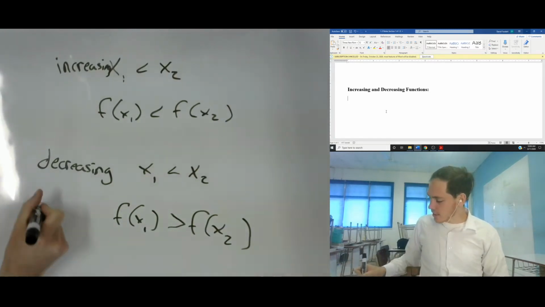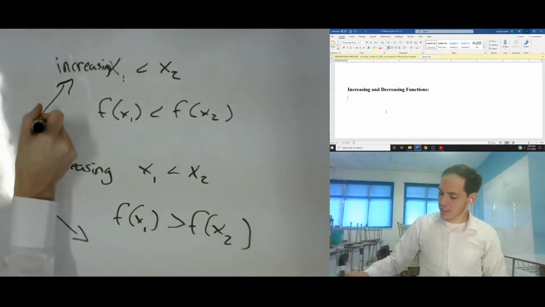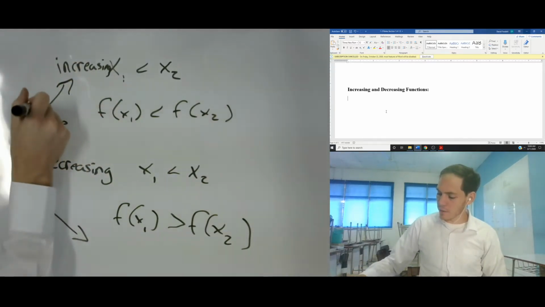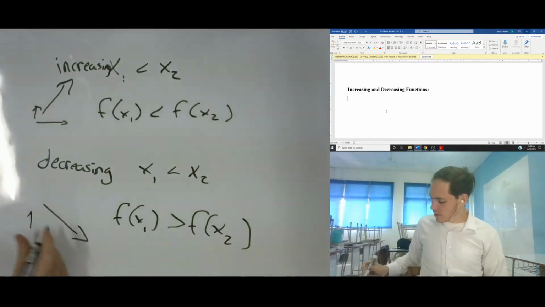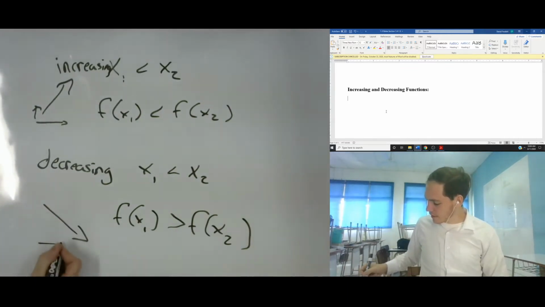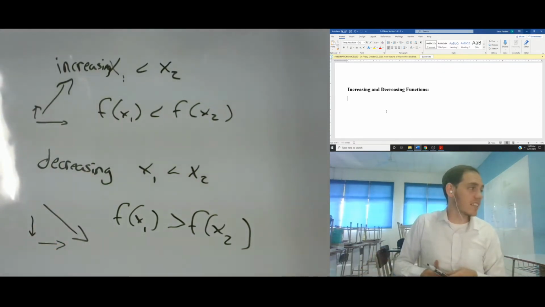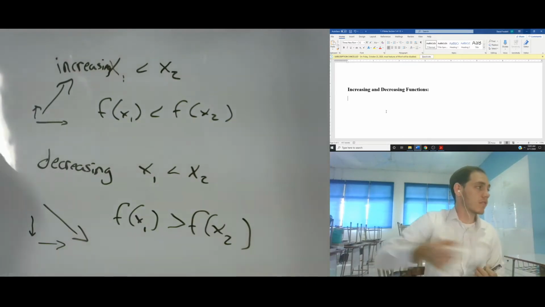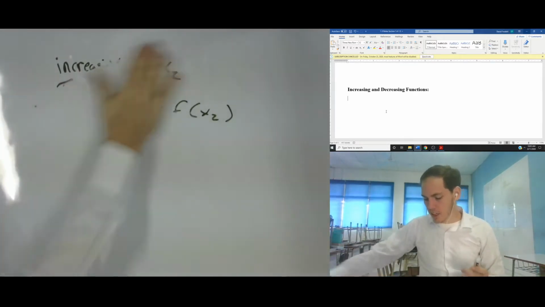Think of this as decreasing and increasing, okay? So as x improves, y improves, but this is as x goes right, y goes down, okay? It's kind of this idea of slope. And then constant, that's the third term.